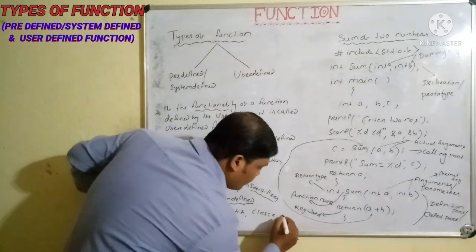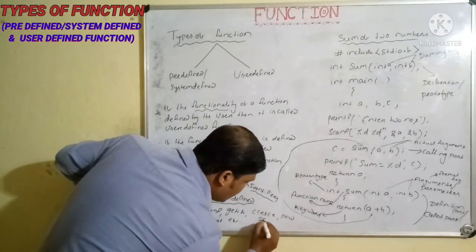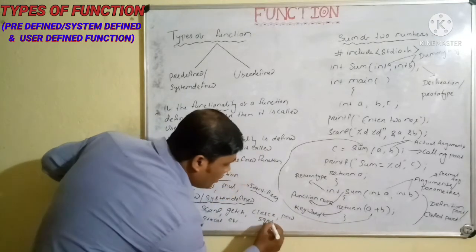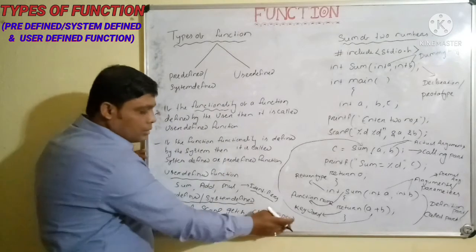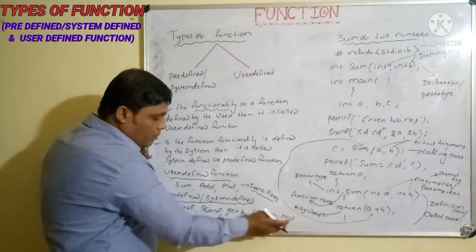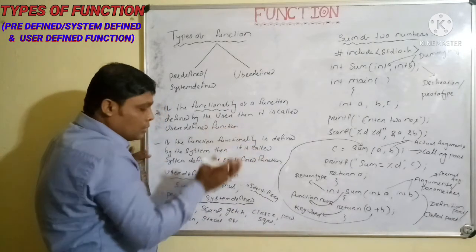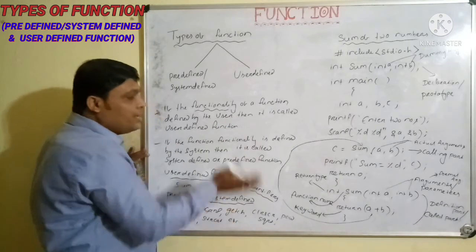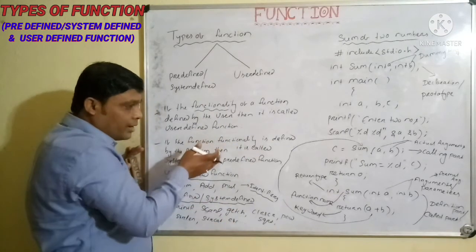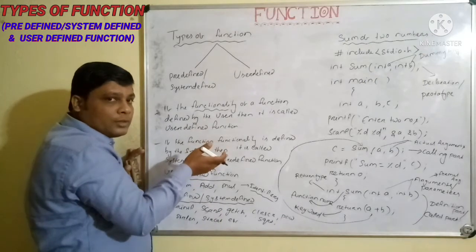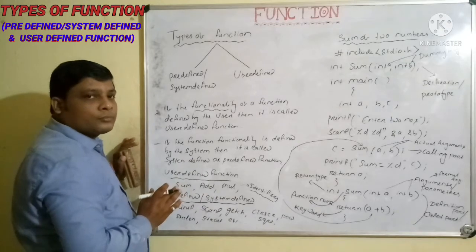Power function you may take pow. Square root function you may take sqrt to find the square root of a number. Okay? So some functions are already defined at the time of designing the compiler, those functionalities are already defined there. We are using those functions. As it is predefined and defined by the system, it is called system defined or predefined function.